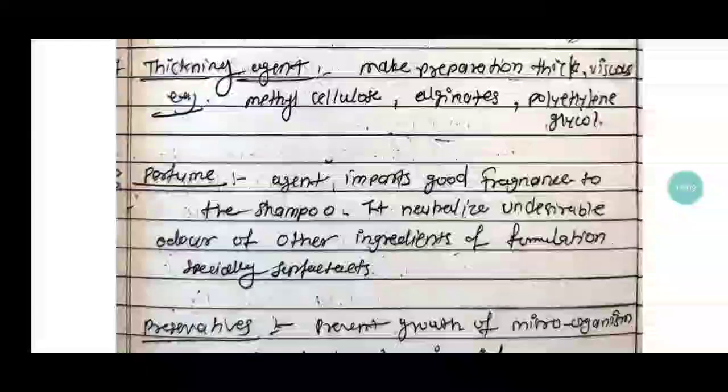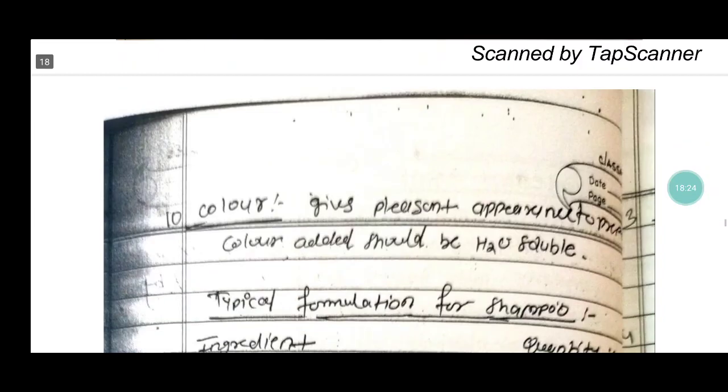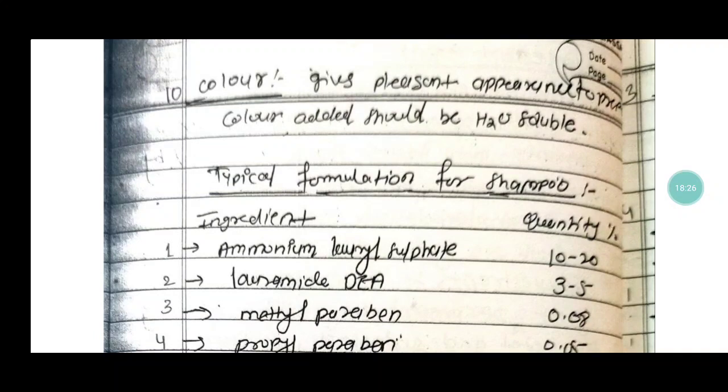Thickening agents are added to make the liquid thick and viscous. Perfume is added, and preservatives are added to prevent microbial growth. And lastly, color is added to the preparation.